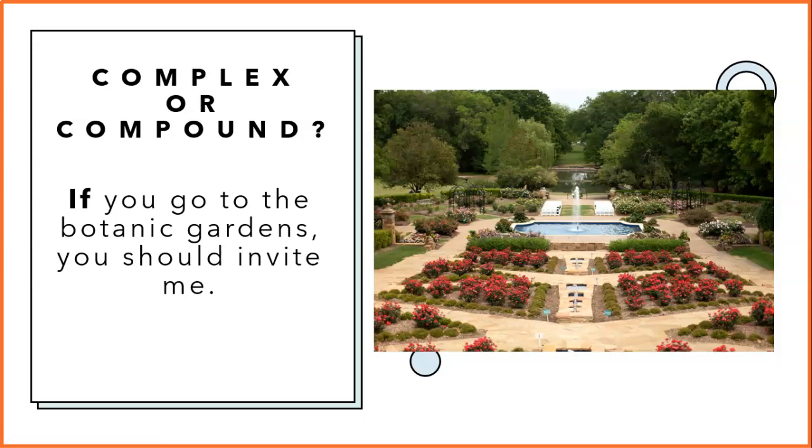Is this complex or compound? If you go to the Botanic Gardens, you should invite me. Well, I don't have a conjunction in the middle, and that first clause, if you go to the Botanic Gardens, doesn't make sense by itself. That means it's dependent. That means this sentence is complex.